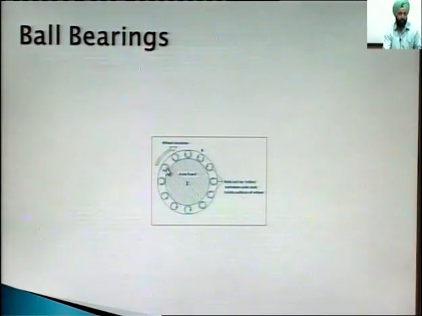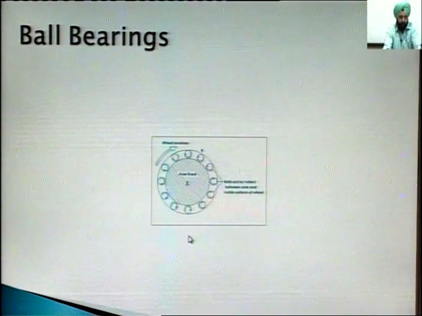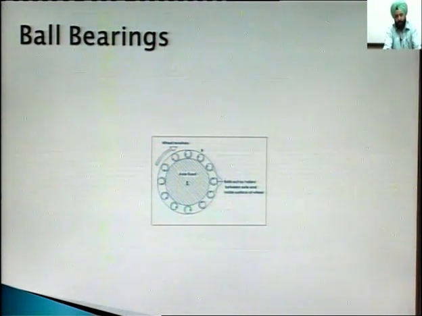Instead, we will get rolling of these balls, and our sliding friction will be converted into rolling friction. And we have studied that rolling friction is very much lesser than sliding friction. So, whenever we have to reduce the friction, we can do it by converting the sliding friction into rolling friction with the help of ball bearings.